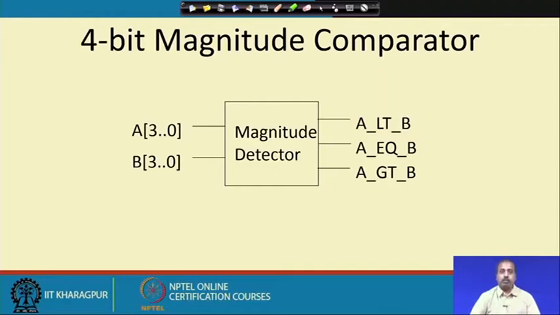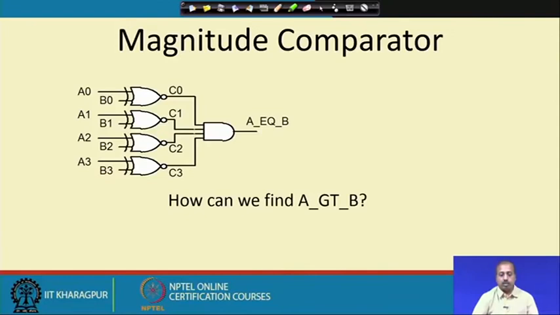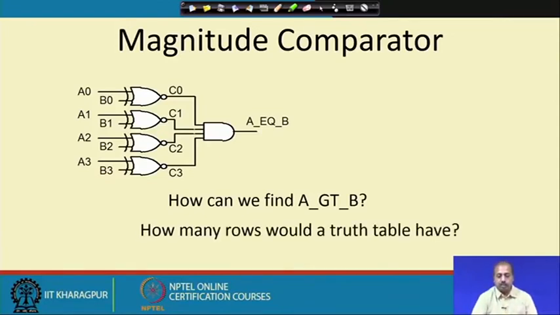But what about a magnitude comparison? Not only equality, I also want less than and greater than outputs, so A is less than B or A is greater than B. Equality is definitely fine. So, how can we get A greater than B? How many rows will the truth table have? Since we have 8 inputs, A0 to A3 and B0 to B3, there will be 256 entries.